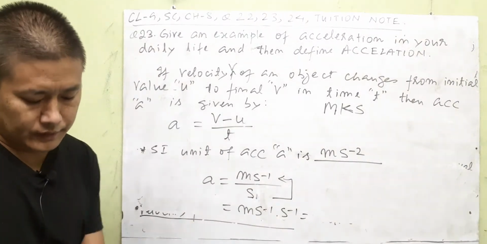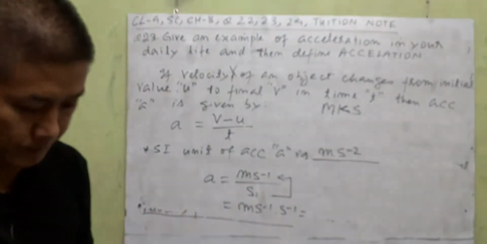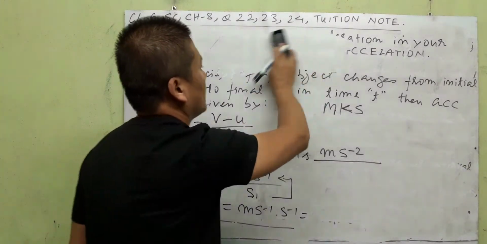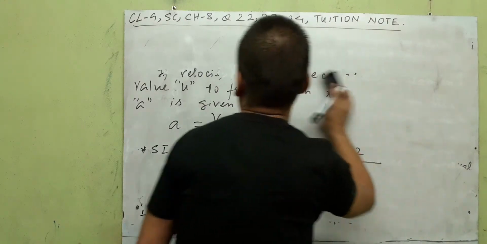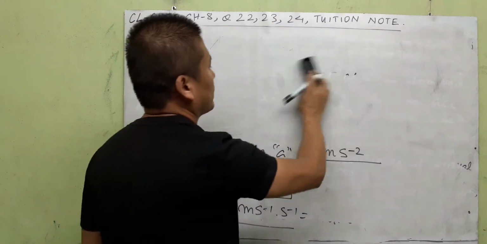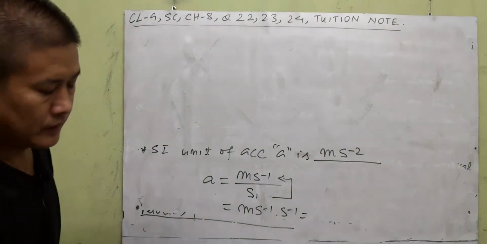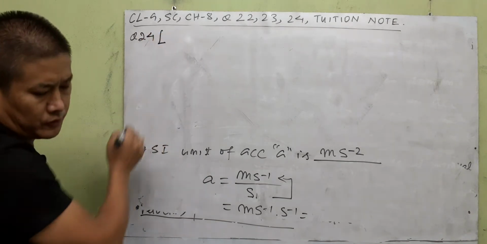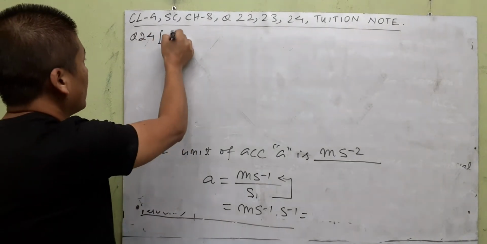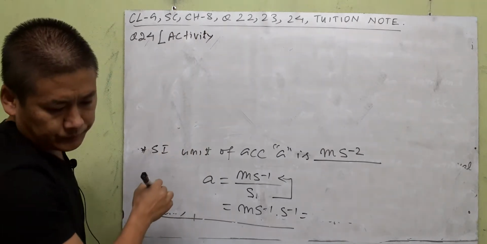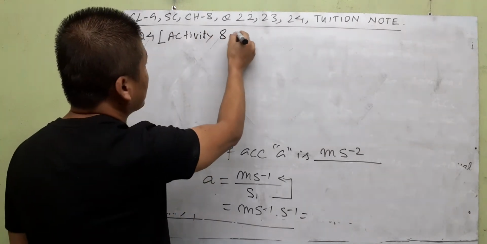Having done this, now let us go to the next one. This is an important question. It is a textbook question also. So you can open your textbook and your tuition note also. Or if you don't have, just open your textbook. Question number 24 in the tuition note, but in your textbook it is activity 8.8.